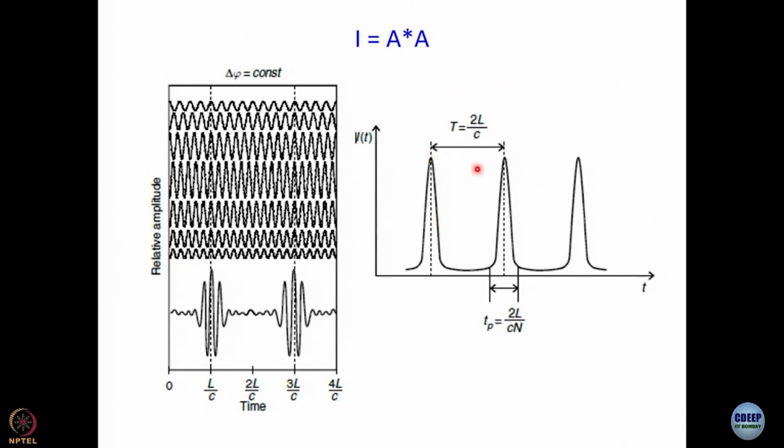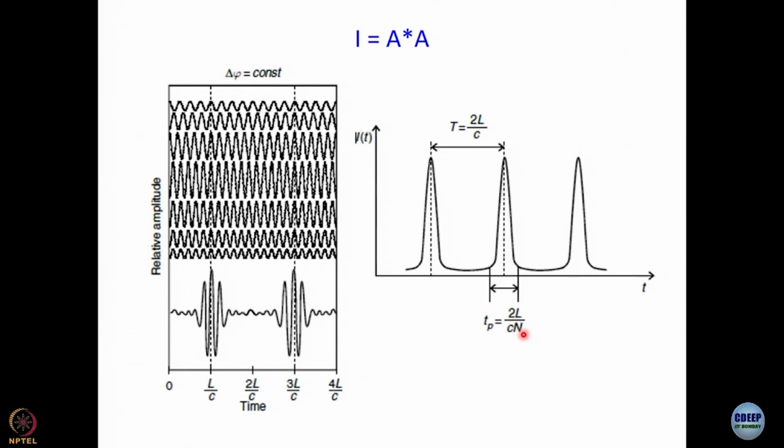So, separation is going to be 2L by C, round trip time, which is great. This is why we can do Modelocking actually, because separation between pulses is actually a round trip time. And then pulse duration, as we are going to show in the next module, is 2L divided by Cn.